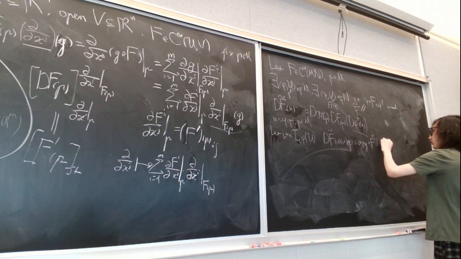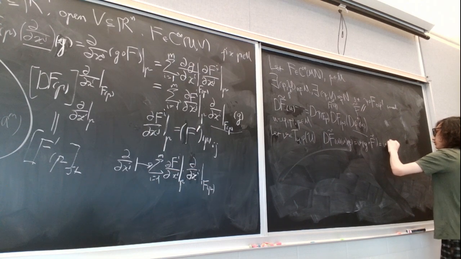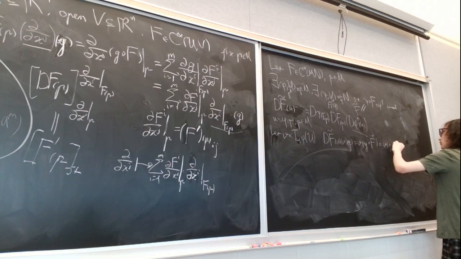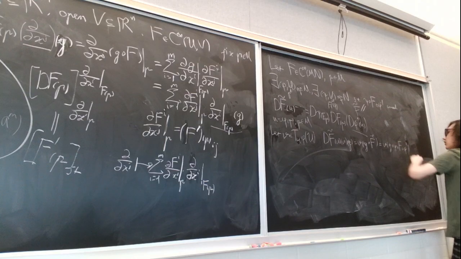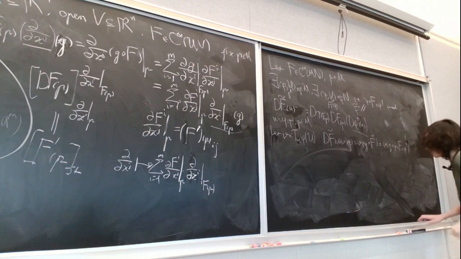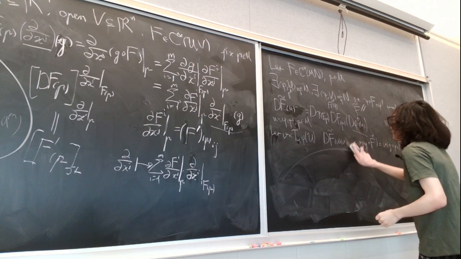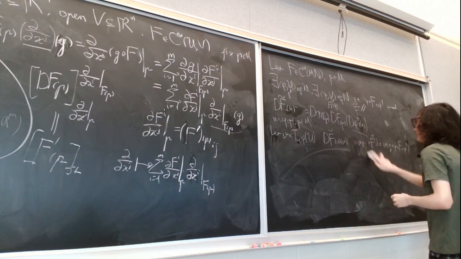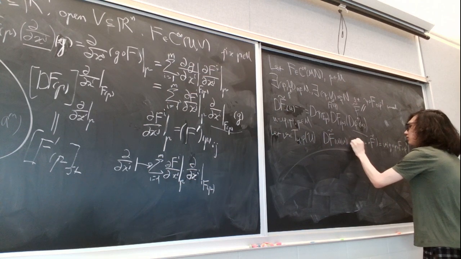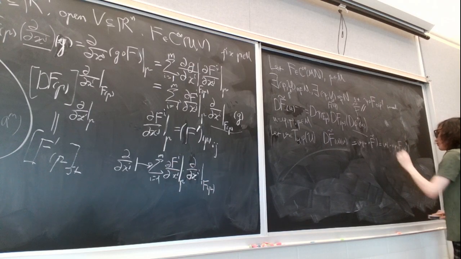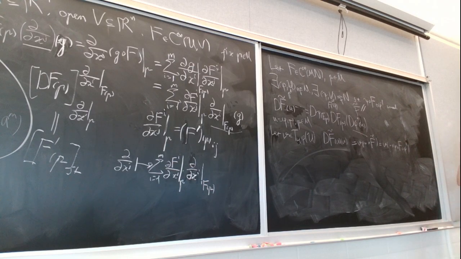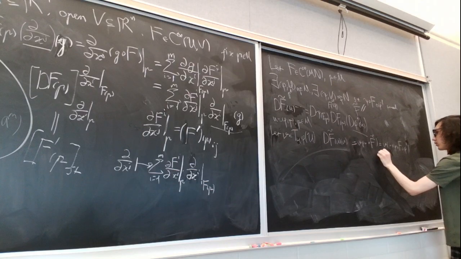We expand this: v of g of psi of f of phi inverse. No, I don't like this actually. We're just going to imagine the function here, because what I'm going to do might not work if we have the function in there. So here's what I'm going to do.